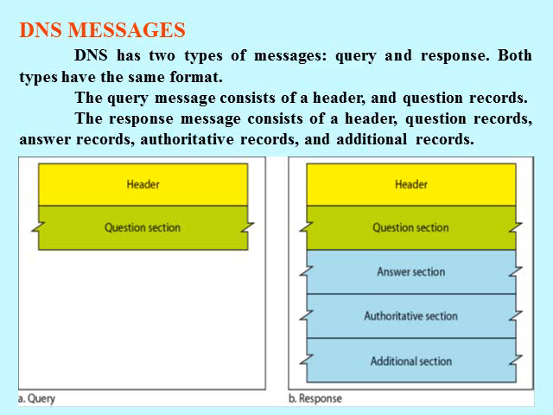In section B, the response, it consists of different sections: header, question section, answer section, authoritative section, and additional section. We can observe that the header section and question section are common in both the query and the response. The only difference is that three different sections are present in the response message, that is answer section, authoritative section, and additional section.